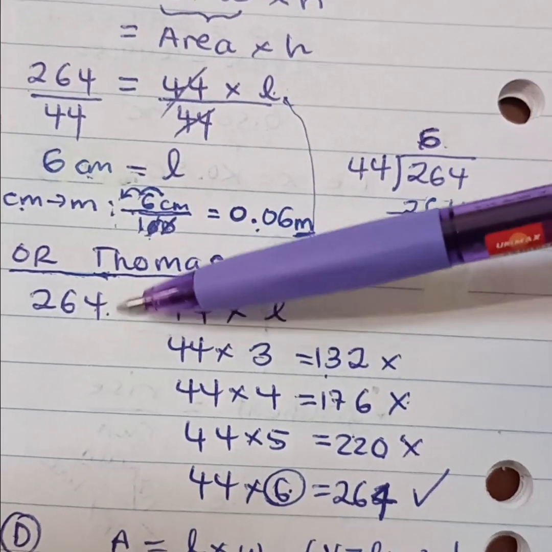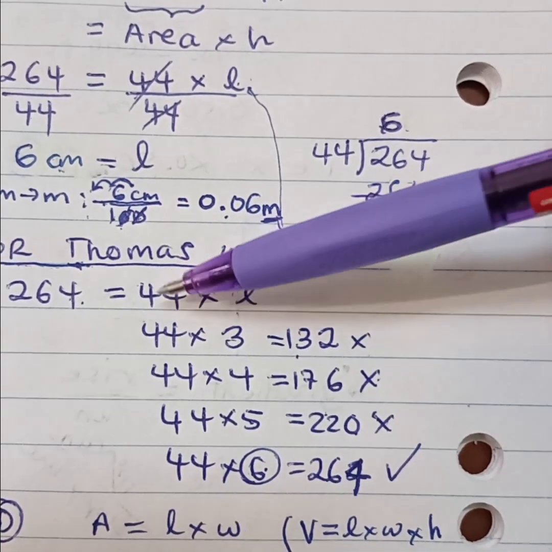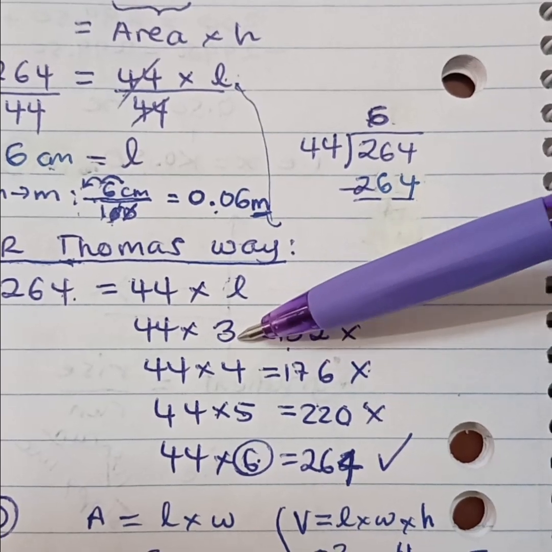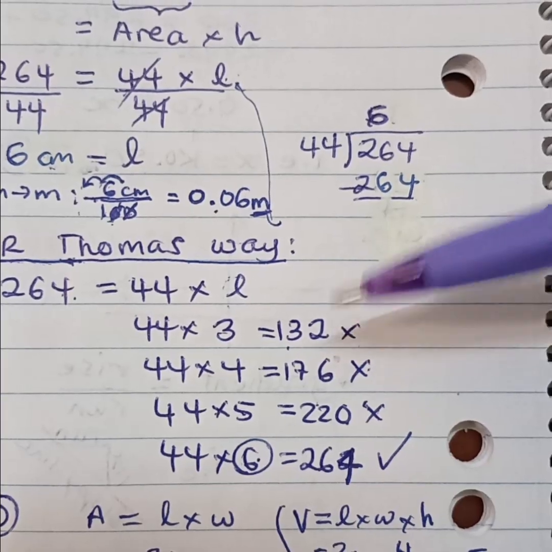Our equation is the volume 264 is equal to 44 times the length, area of the cross section times the length. Let's check if the length is 3. If it is 3, then 44 times 3 is 132.